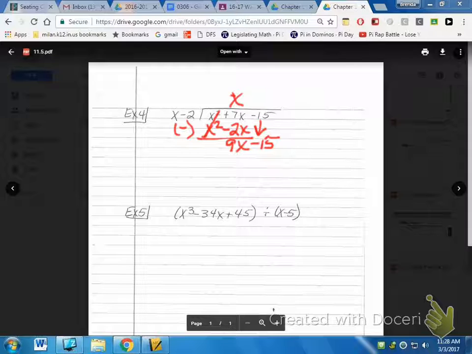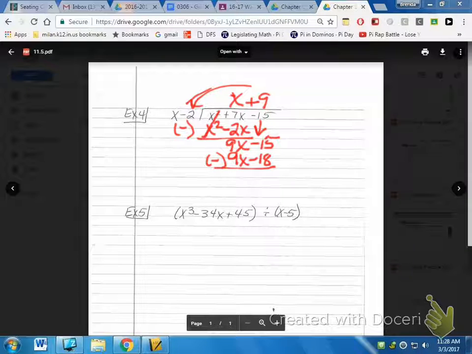Now you have to ask yourself, what times x would give me 9x? What would it be, Megan? 9, so positive 9. Distribute the 9 times the x minus 2. So here we go. 9 times x, 9x. 9 times negative 2, negative 18.